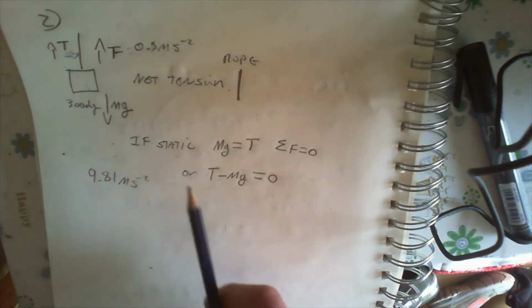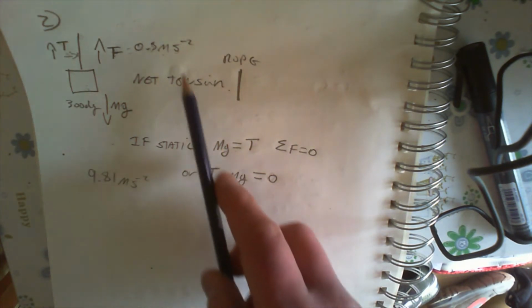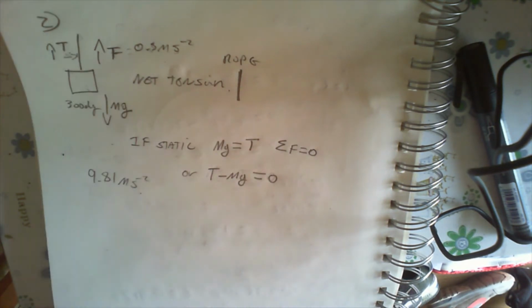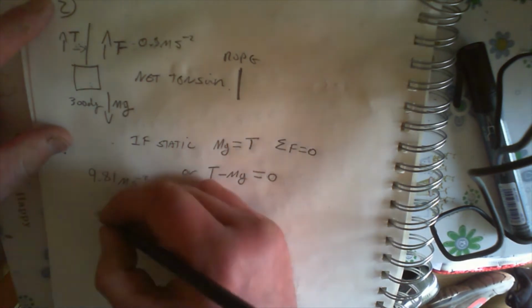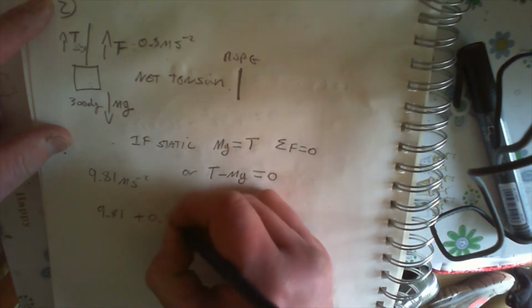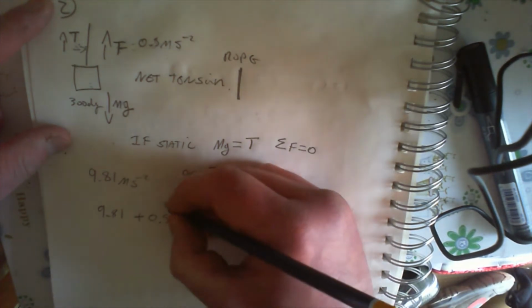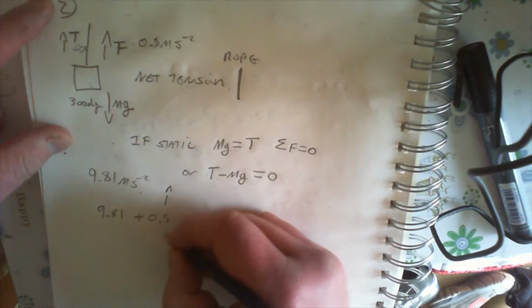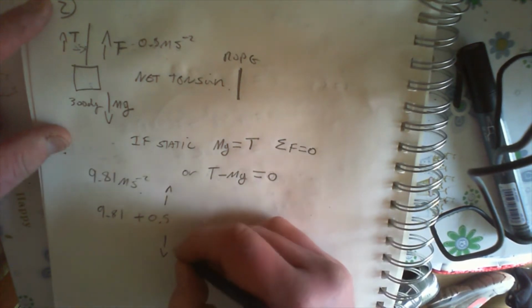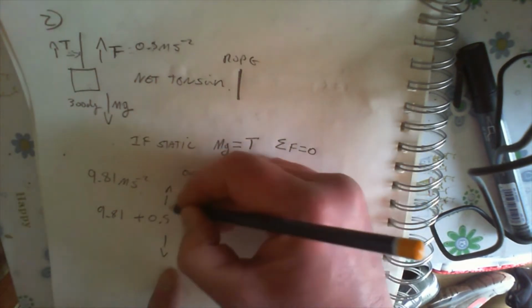And the way I tend to look at this is the net forces of acceleration acting on that tension would be 9.81 plus 0.5. That's because this is pulling that way and this one's pulling in that direction. So the 9.81 going this way, you're going to add this.